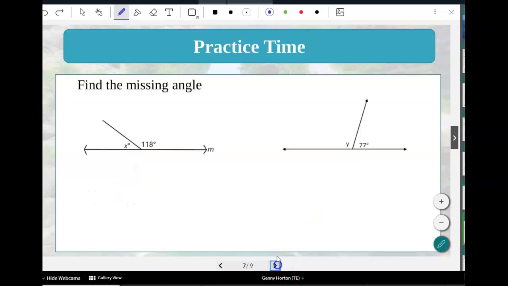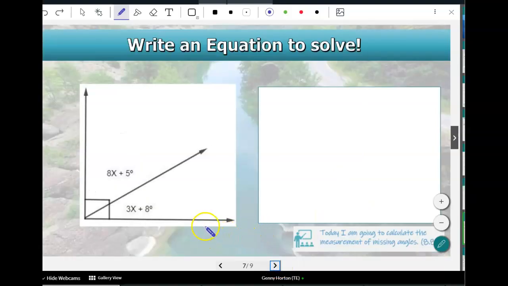All right, moving right along. So here it says to write an equation to solve. So what we know is that these two angles will add up to 90 degrees. So we're going to write down 8x plus 5. We're going to add 3x plus 8, and that will equal 90 degrees.